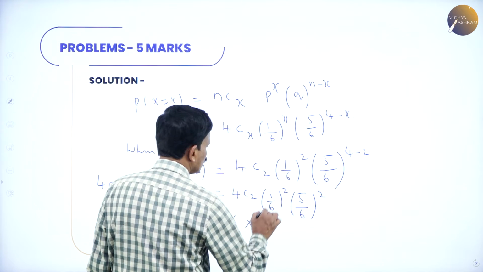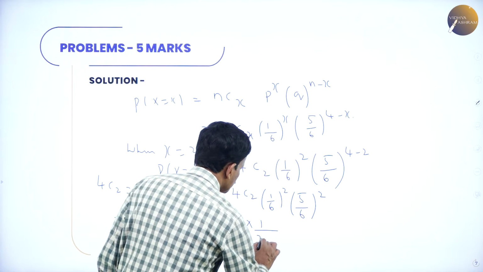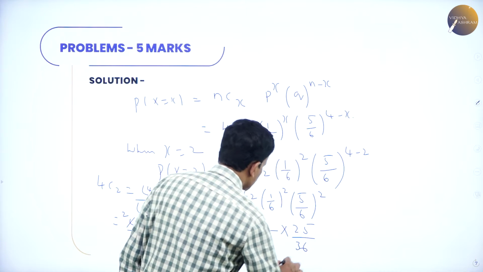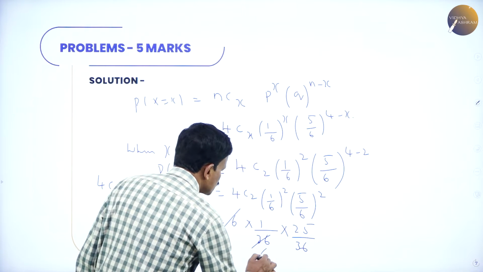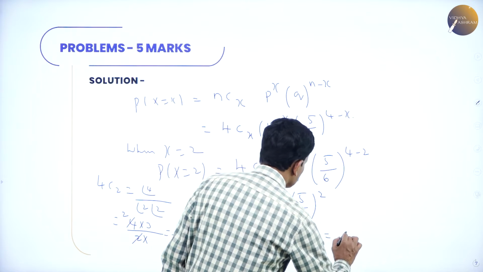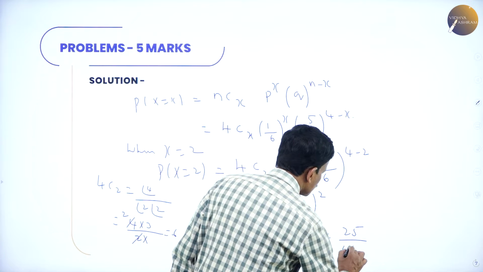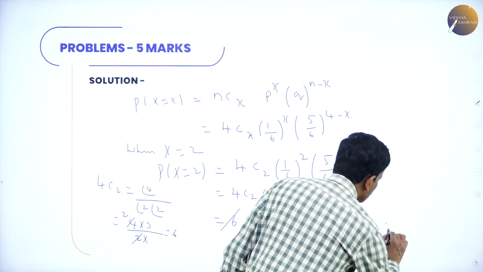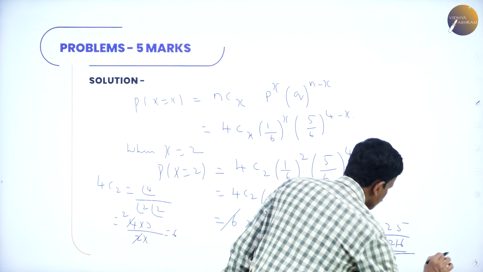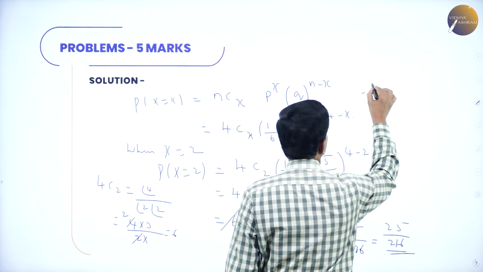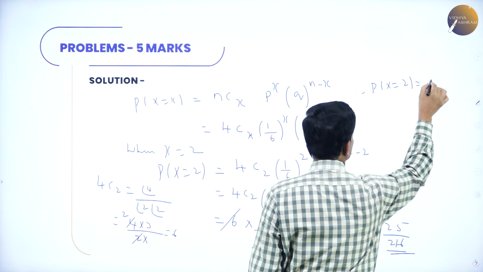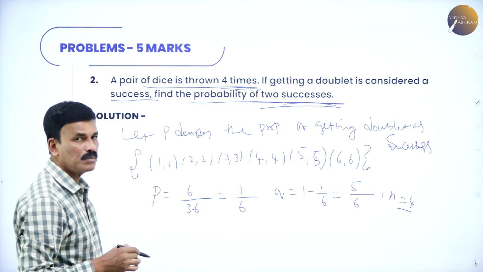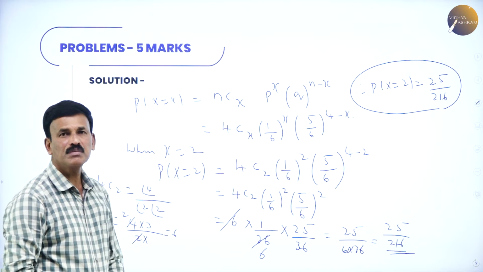So 6 into 1 by 36, and 5 square is equal to 25 divided by 36. The 6 and 36 cancel, so this is equal to 25 divided by 6 into 6, which is 216. Therefore, the probability of X is equal to 2 is 25 divided by 216. The probability of 2 successes is 25 divided by 216.